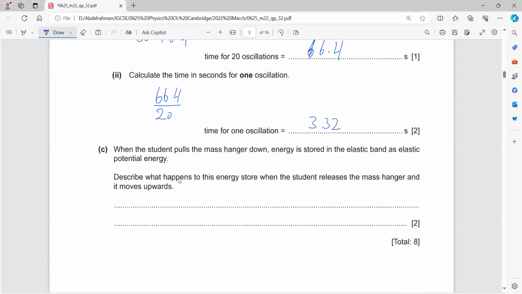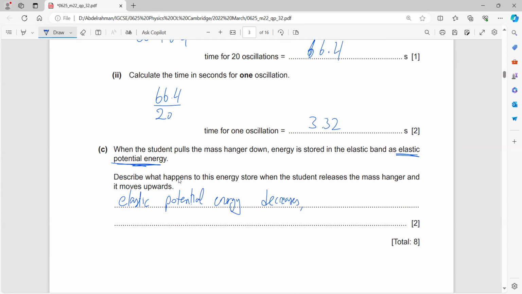What happens to the elastic potential energy initially? It decreases. Elastic potential energy decreases.